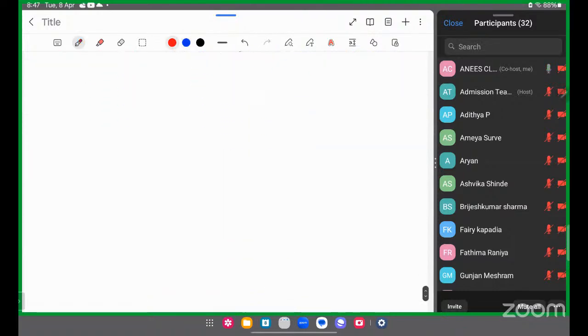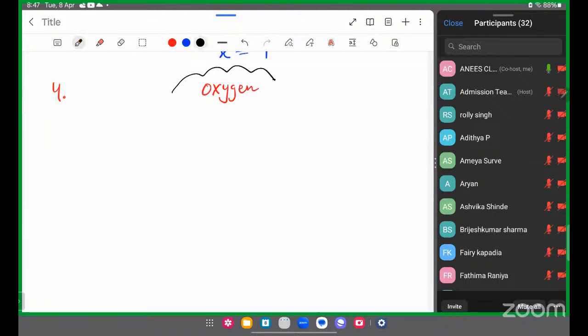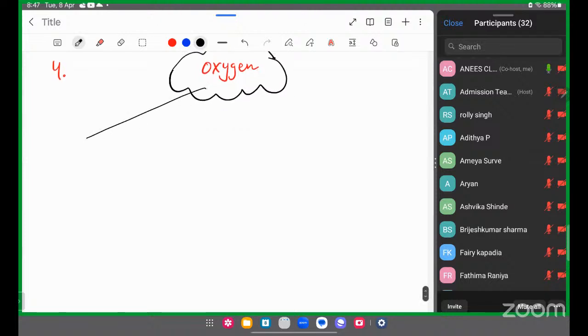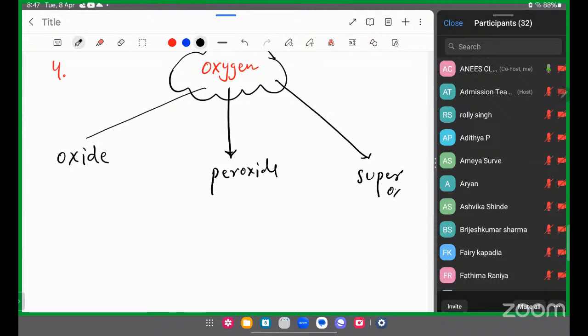Yes, sir. The fourth point is about oxygen. Oxygen can have different oxidation states in different compounds, out of which we have oxide, peroxide, and superoxide.